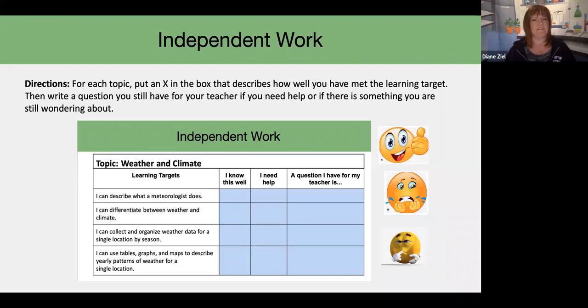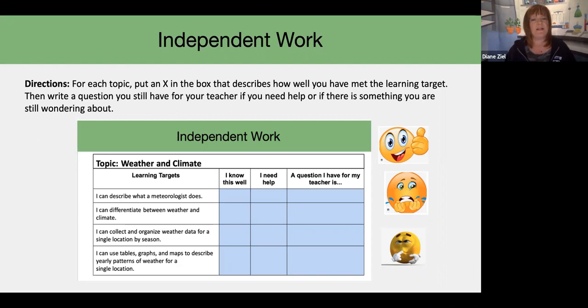I can collect and organize weather data for a single location by season. I'm feeling like this guy down here. I remember doing that. I remember studying the seasons, winter, spring, summer, fall, and then organizing what the weather was like by temperature each day during those seasons to analyze it.